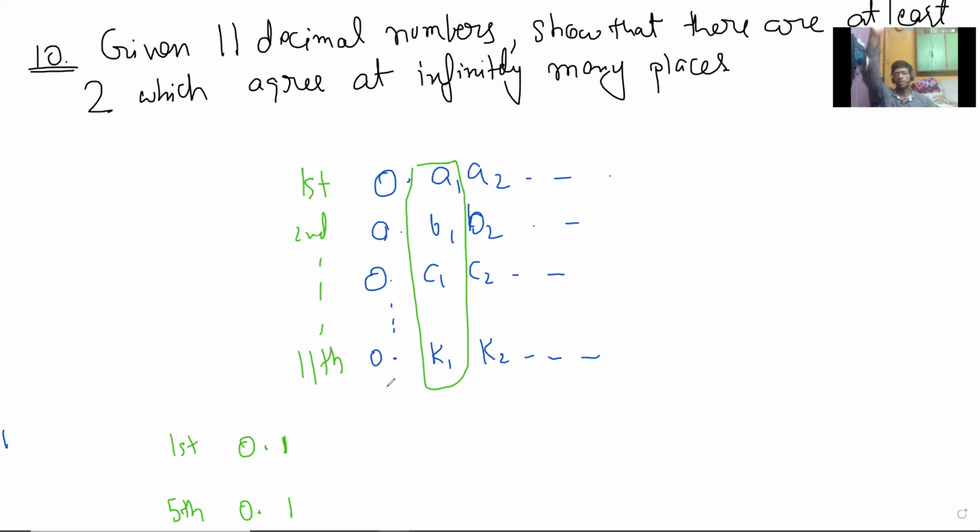When you come to the second column, two digits can be the same, but then we don't know which. It could be that the first one is again involved, but it could be the second one.